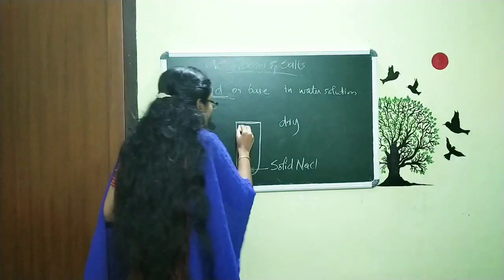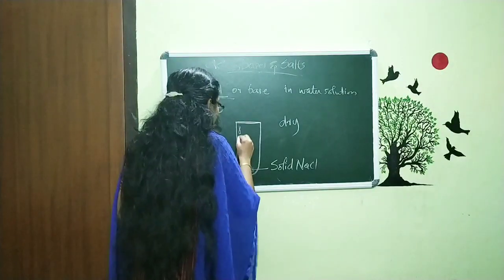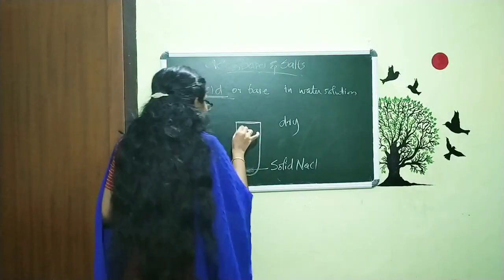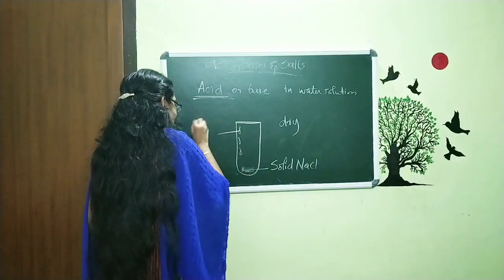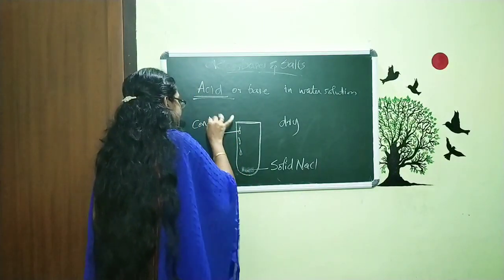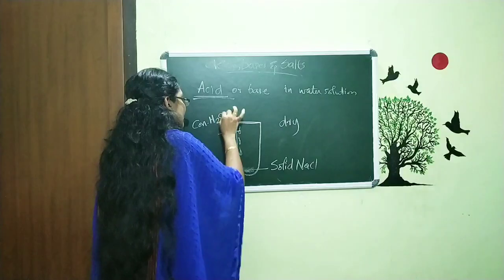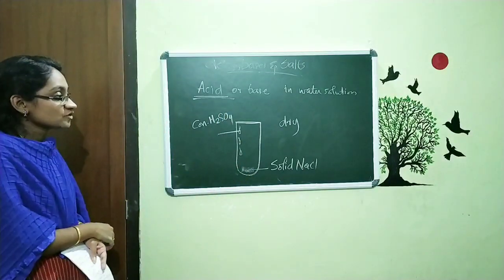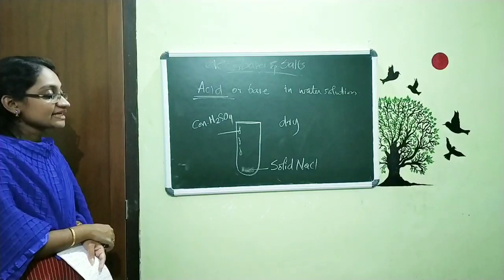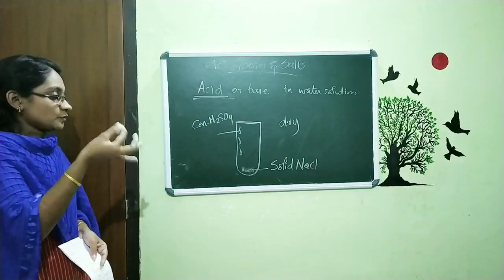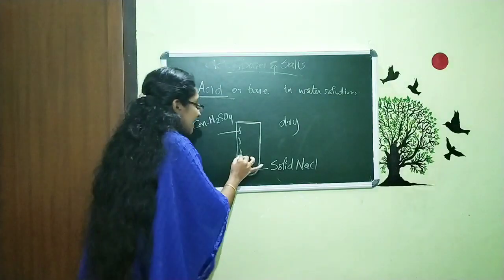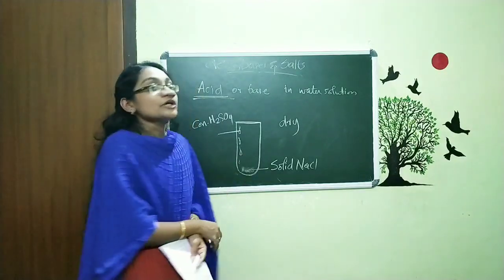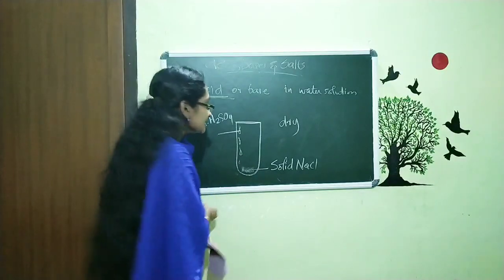Now we are going to add concentrated sulfuric acid, H2SO4, drop by drop to the solid NaCl. When we are adding this drop by drop, you can see that a certain type of gas is formed in the test tube.